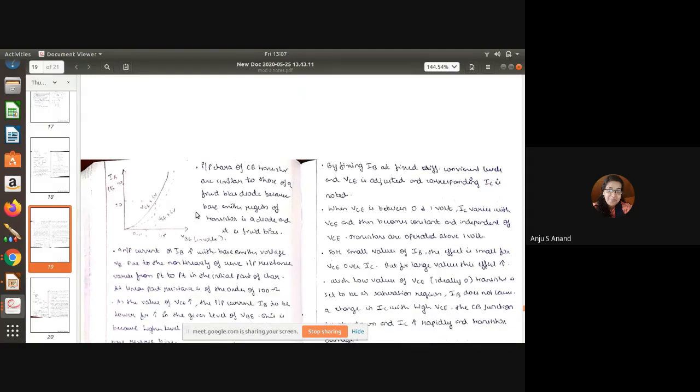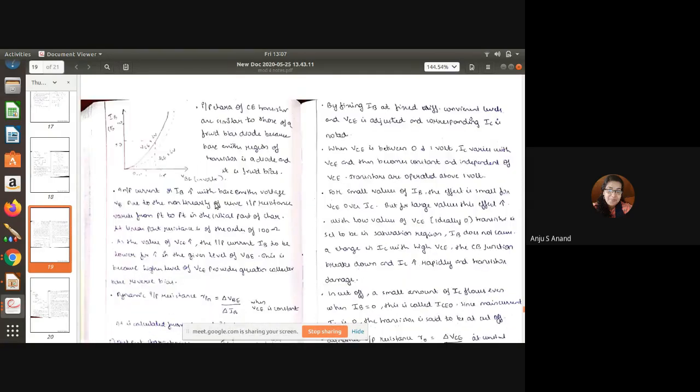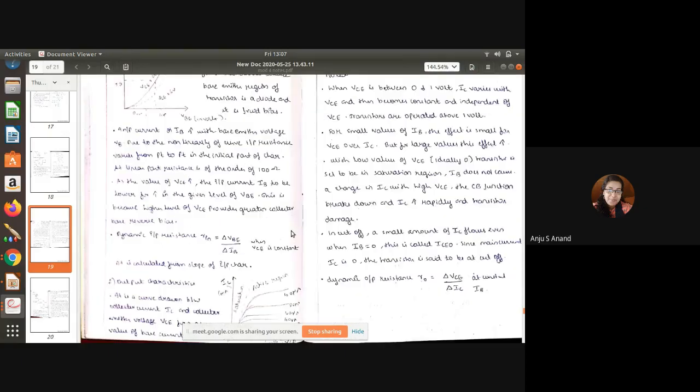What happens when we change the collector-emitter voltage, or output voltage? We see 6 volt, 2 volt, etc. One term was introduced, the dynamic input resistance, which is the change in input voltage to the change in input current.